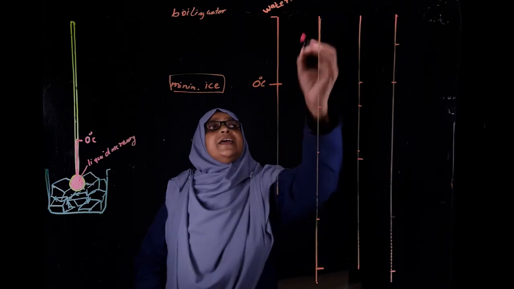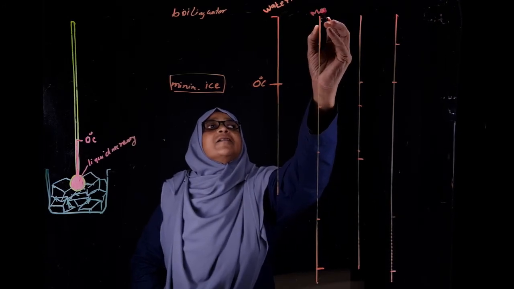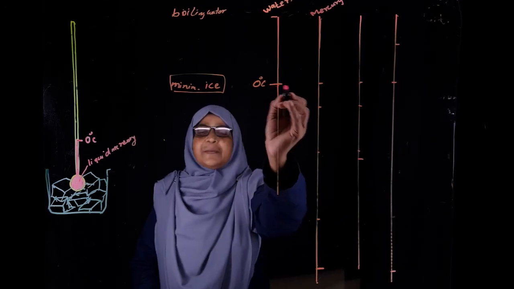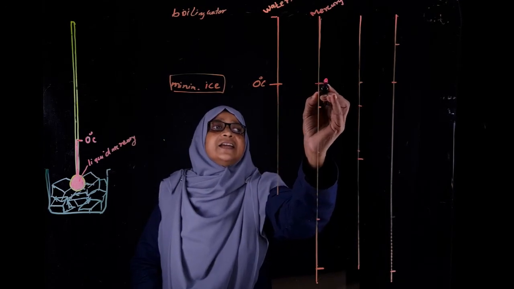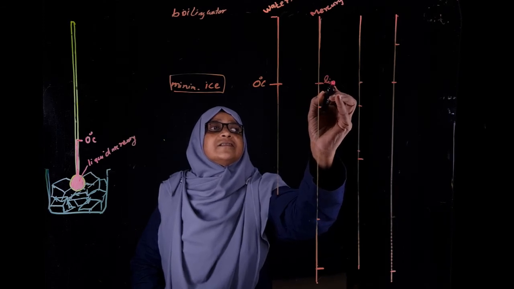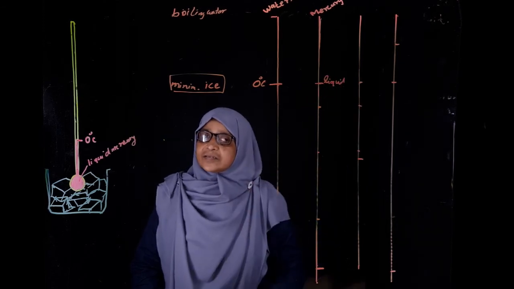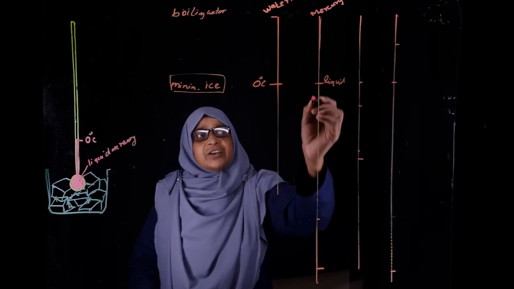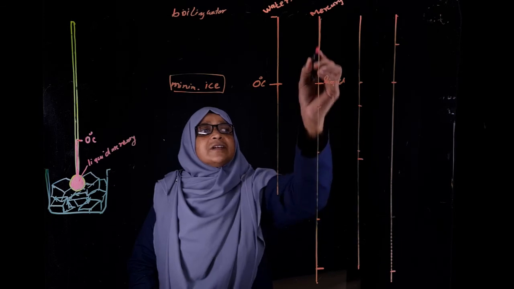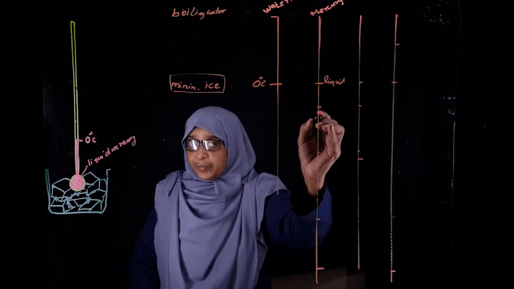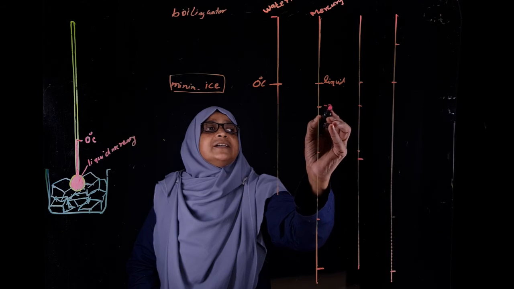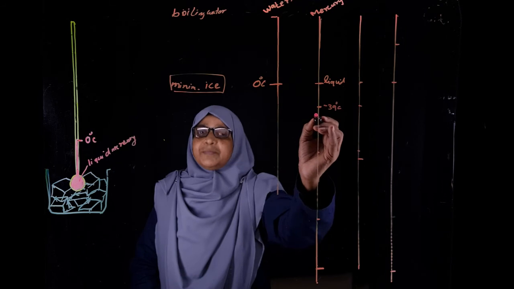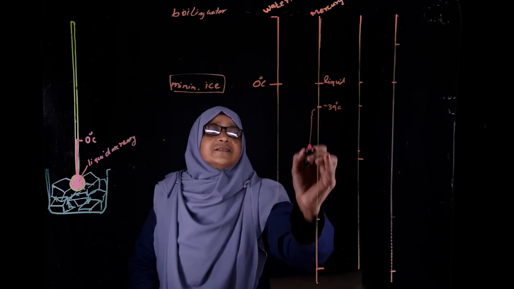But in the mercury, at this temperature, the mercury is in the liquid state. This liquid mercury drops down to minus 39 degrees Celsius, then it becomes solid.